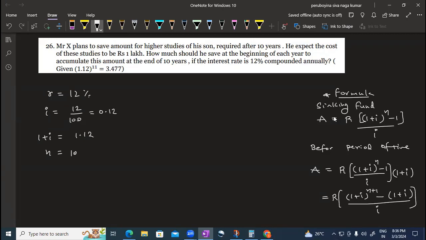This formula is also used for before payment, either the first one or the second one. The second one is very easy, just multiplied only. There is no difference.